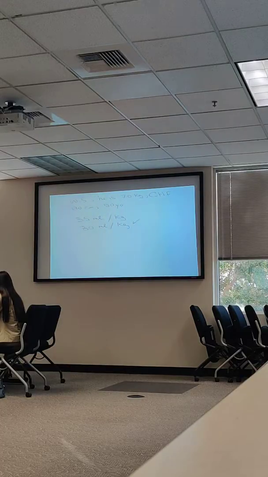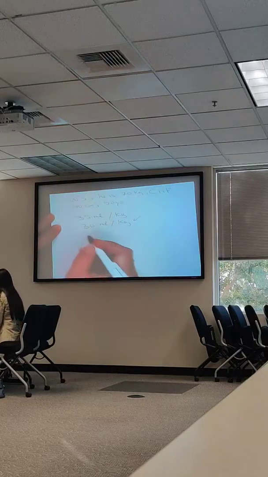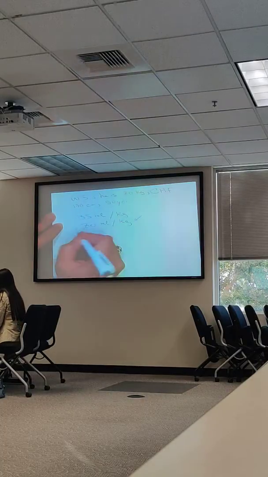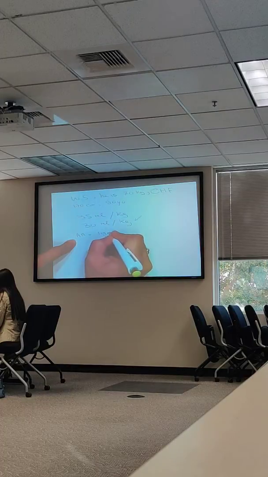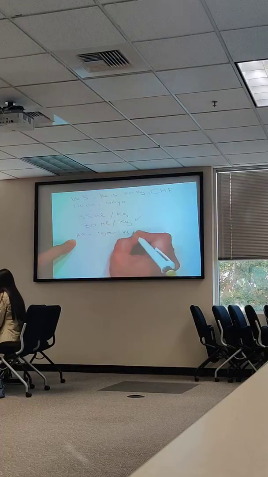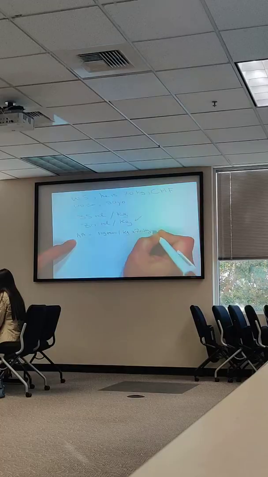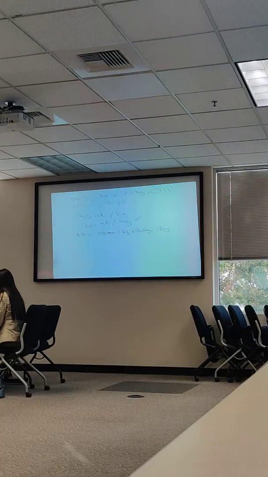Okay, so let's say the patient is 70 kilograms, and I'm going to give him 1 gram of amino acids per kilogram multiplied by 70 kilograms. So I'm going to give my patient 70 grams of protein.